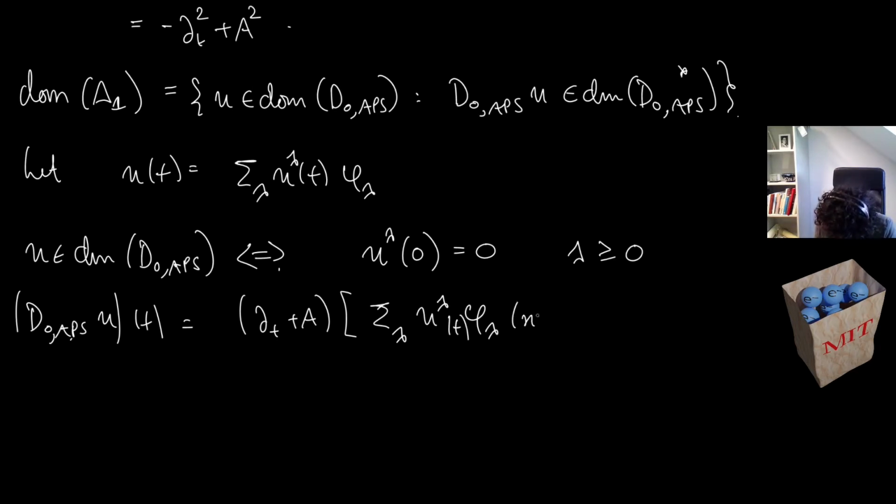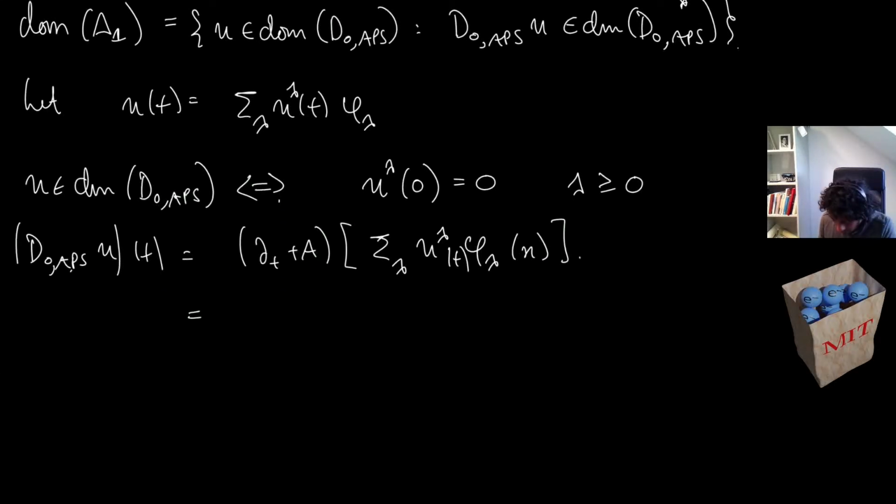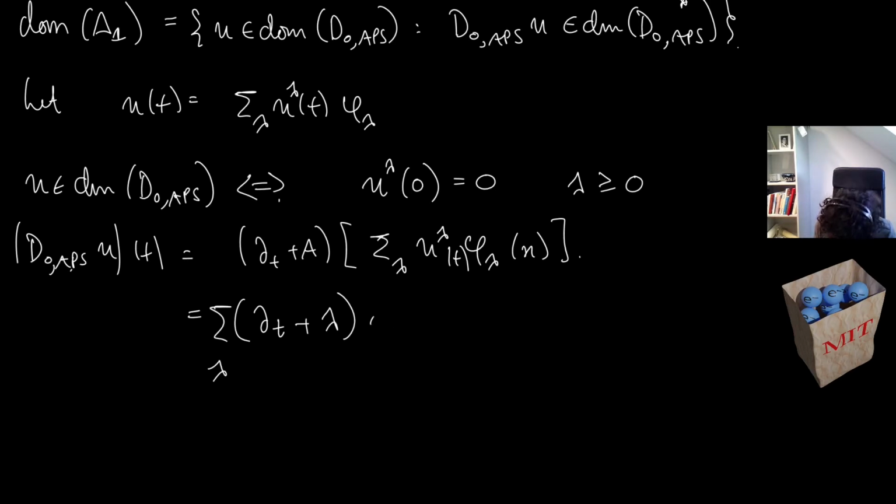Because we've got an eigenbasis here, I can commute the a through all of this, and I obtain that this is the same thing as the sum of dt plus lambda, applied to u lambda, times phi lambda.